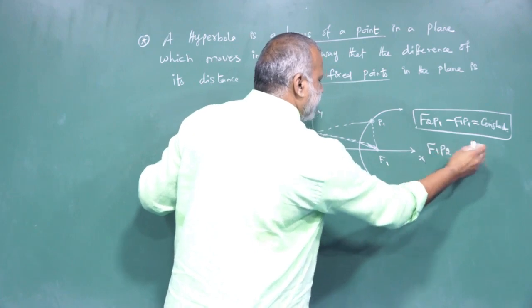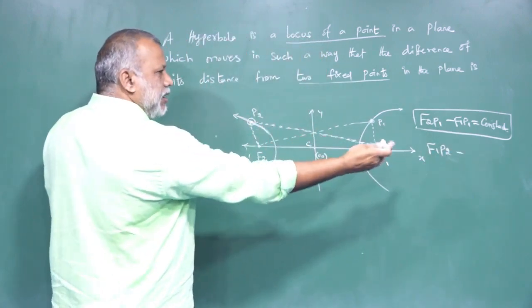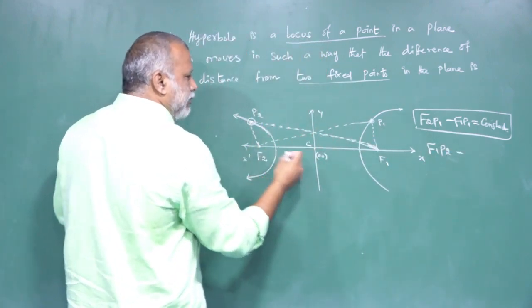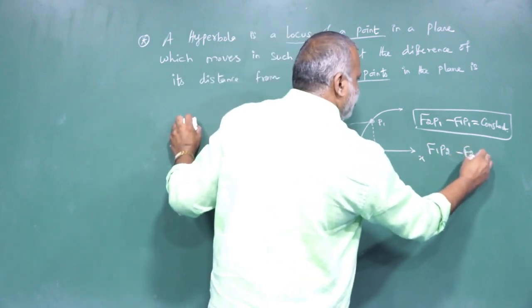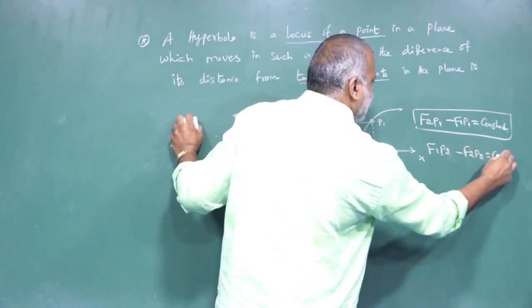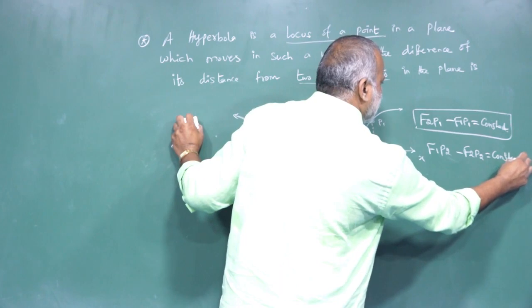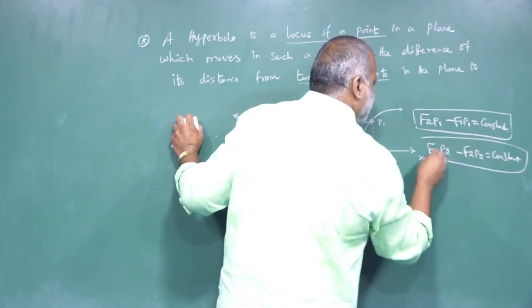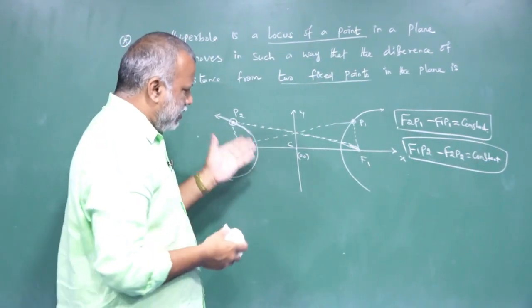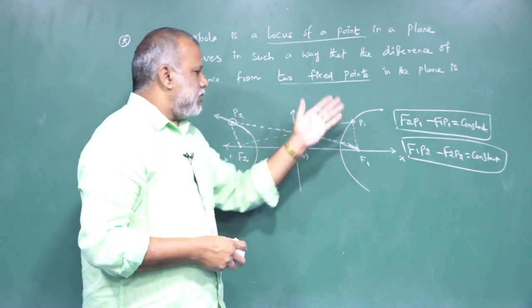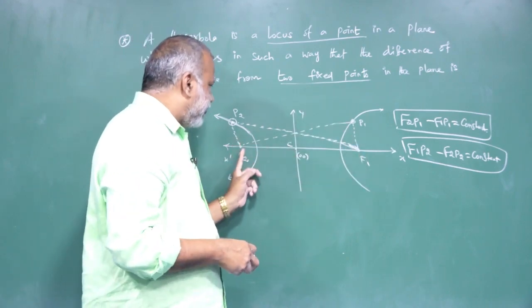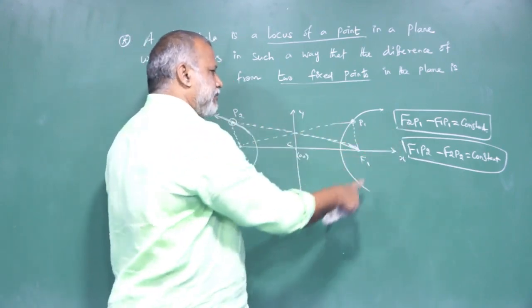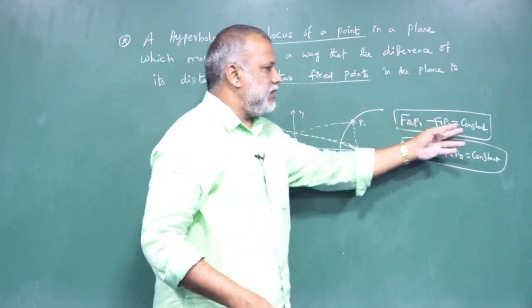F1 P2 is the longer distance, minus F2 P2. It is also a constant. We already worked out this concept. The difference between the greater and the lesser distance should be a constant.